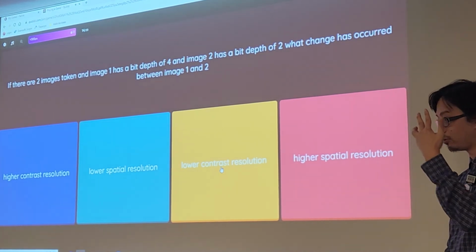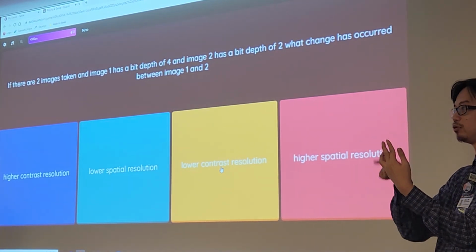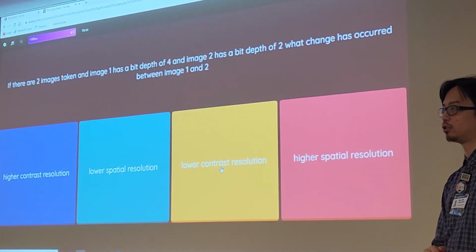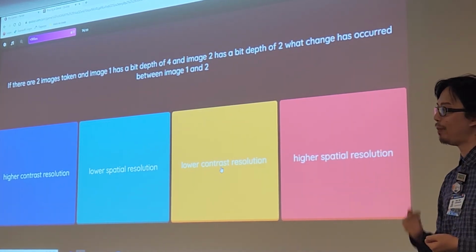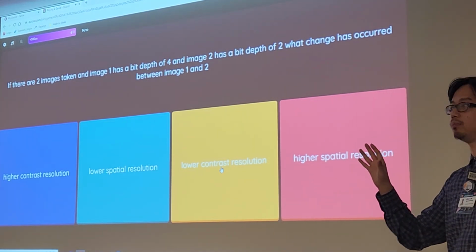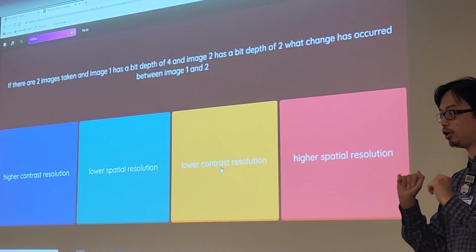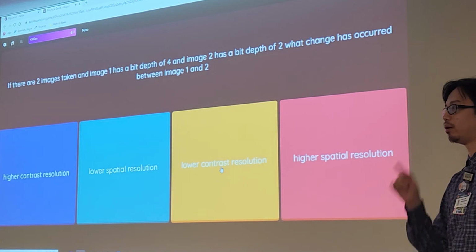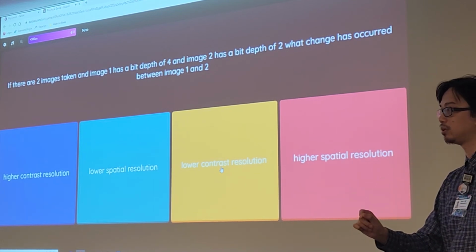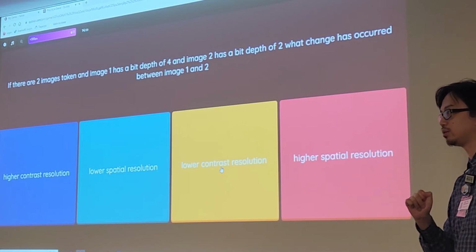You cannot tell the difference between bone, psoas muscles, kidney and liver because you don't have enough colors to make them anything else. Your only options are white or black, and they can't be black, that's air. So high contrast, big differences, but low contrast resolution. You can't show small differences. Contrast resolution is the ability to show small differences.